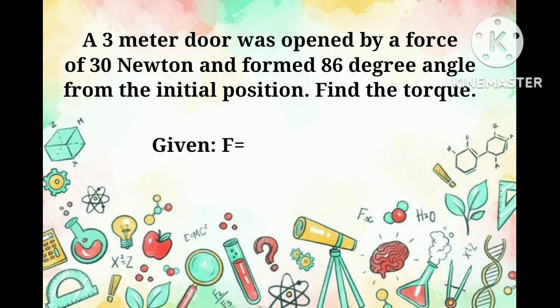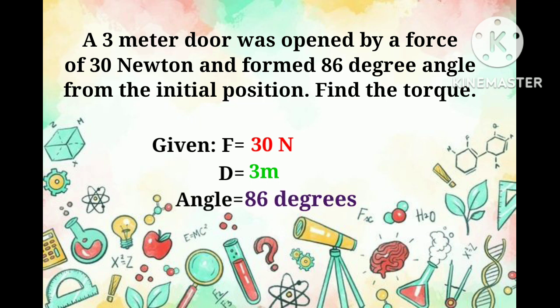The force from the given problem is 30 Newton. The distance is 3 meters and 86 degrees is the angle, and then third is the required solution to the problem.